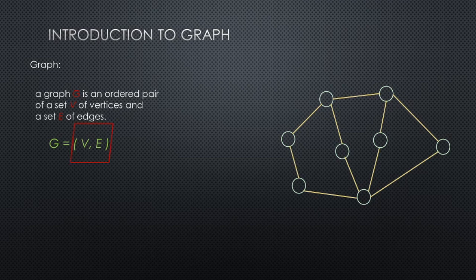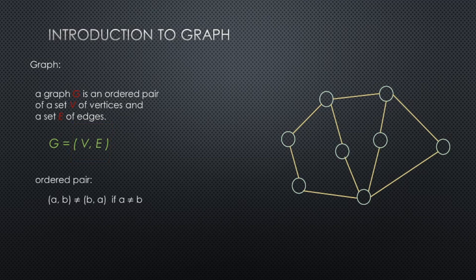This is how we write and represent an ordered pair: objects separated by comma in a parenthesis. Now, because the order here matters, we can say that V is the first object in the pair and E is the second object.